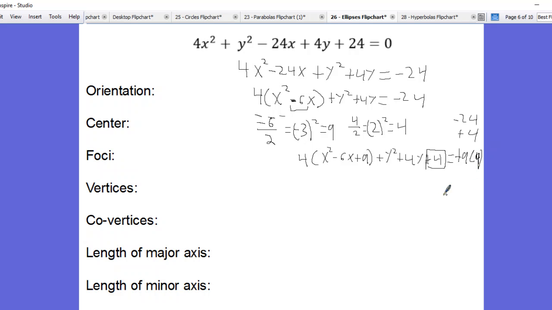9 times 4. So now I can factor my x terms and y terms and simplify my equation on the left and right.